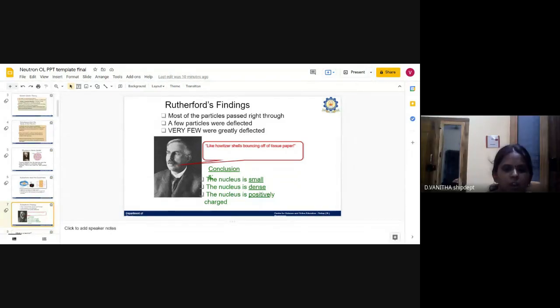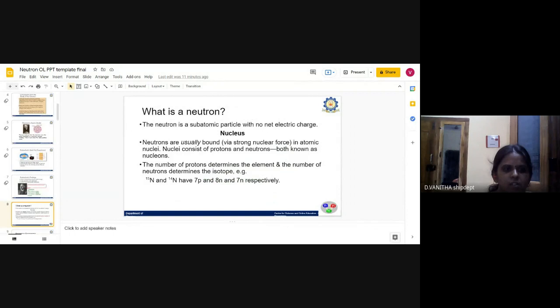Beyond this, there is another particle, which is called the neutron. The neutron is a subatomic particle which has no electric charge. Neutrons are usually bound in atomic nuclei.